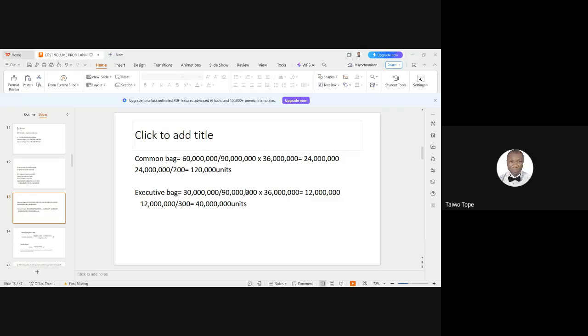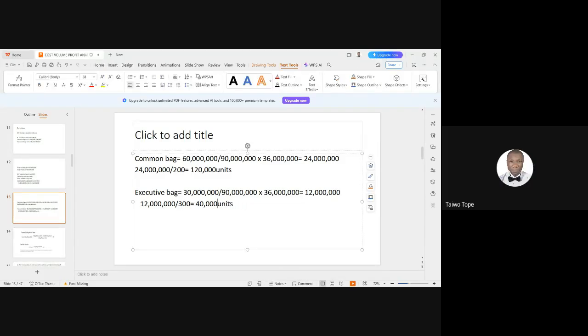Sorry, sir. The answer for the executive bag should be 40,000, not 40 million units. Yes, 40,000 units. This is coming this way because there is a joint fixed cost for both.